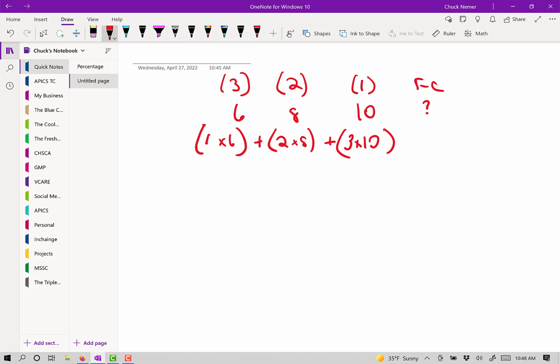Then we're going to add that all up and divide that by the number of weightings, which is 3 plus 2 plus 1. So that equals 6 data points in a way, or 6 weightings.